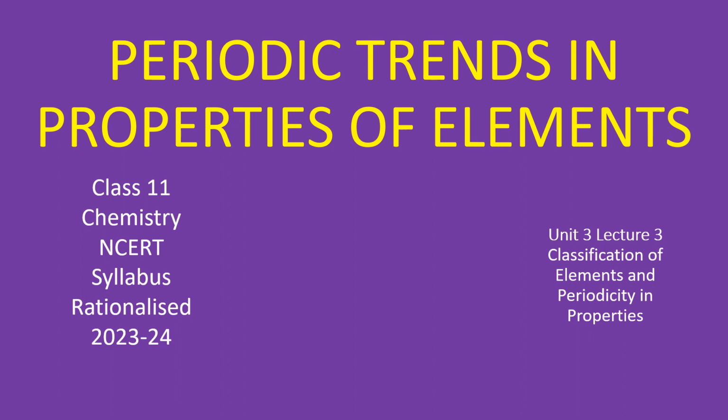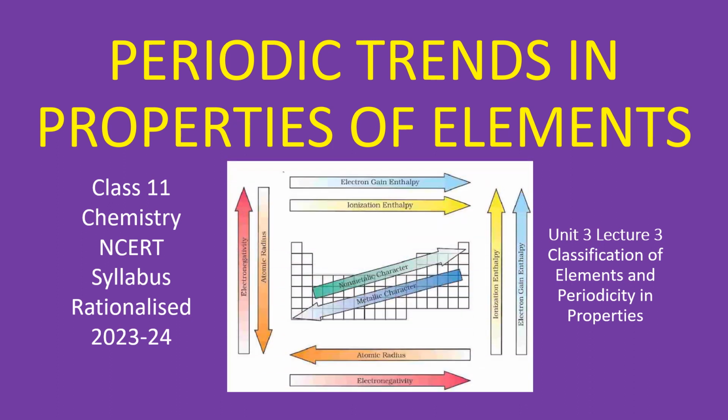For example, within a period, chemical reactivity tends to be high in group 1 metals, lower in elements towards the middle of the table, and increases to a maximum in the group 17 nonmetals.